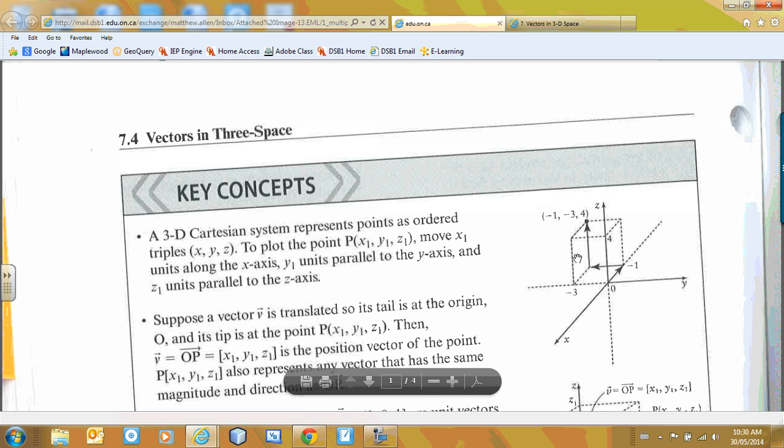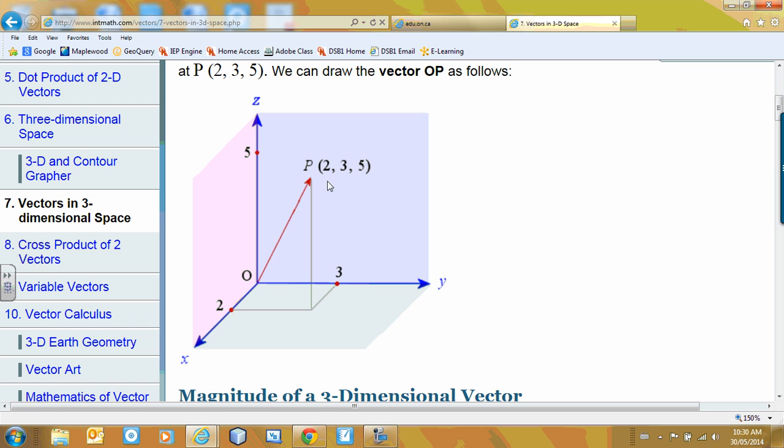Looking at this super quickly, if I have a point here, -1, -3, 4, it means that I've dropped basically 1 into my page or into the desk, gone 3 to the left and 4 up to determine where that dot is. If I have a vector, now this is actually a bit poorly drawn in that it's a vector to the point.